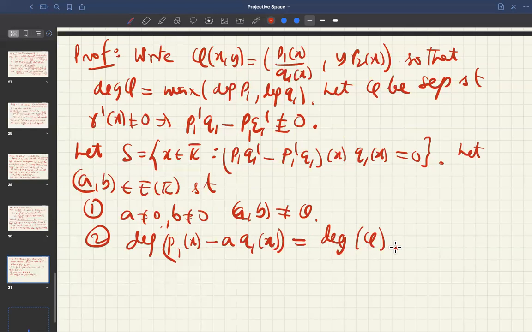So I'm taking points such that the degree of p1(x) minus a q1(x) is the same as the maximum degree of p1 and q1, which is the degree of phi.